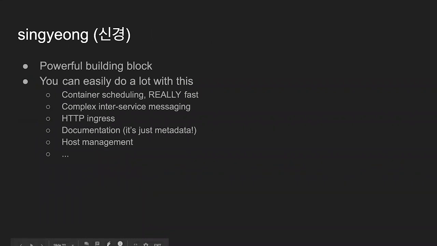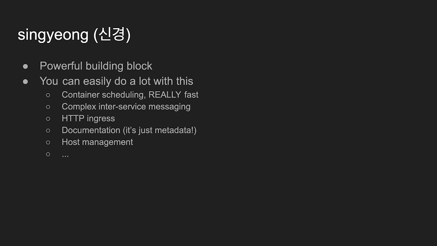And so this is a really, really powerful building block, because you can really easily do a lot of stuff with this. You can do container scheduling, and you can do it really, really fast, because again, it's just sending a message to the server, to the connected client that can schedule a container like this. You can do all sorts of really complicated inter-service messaging.